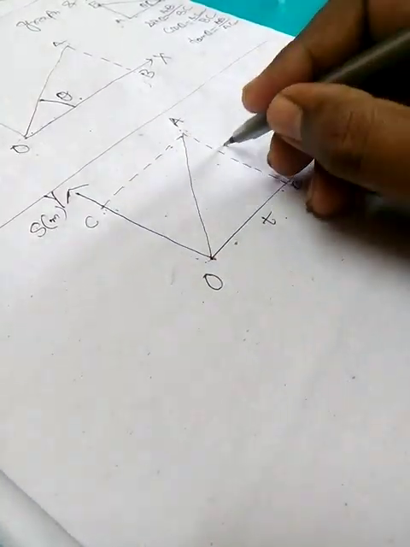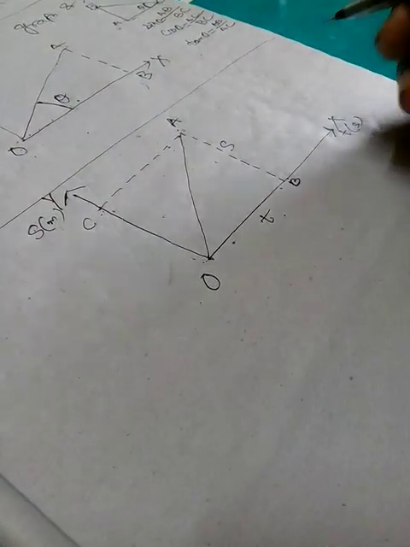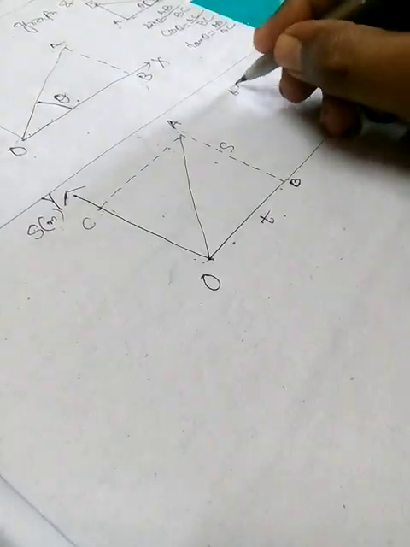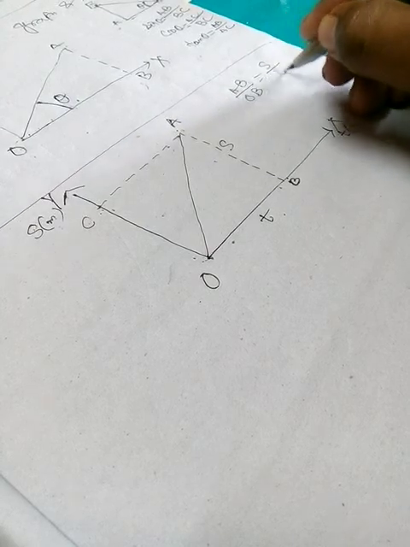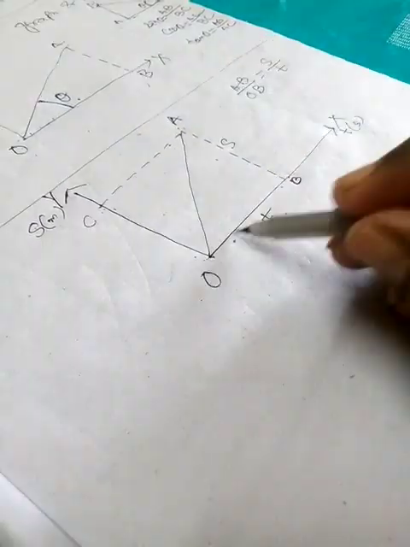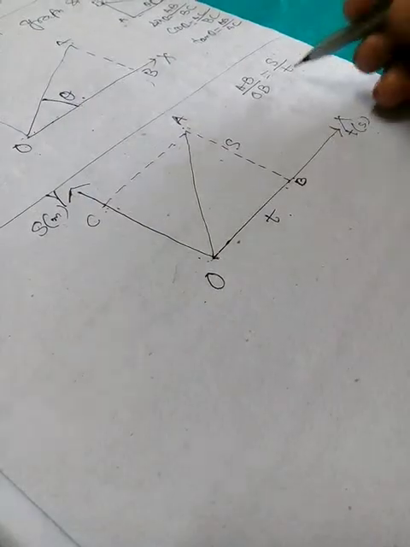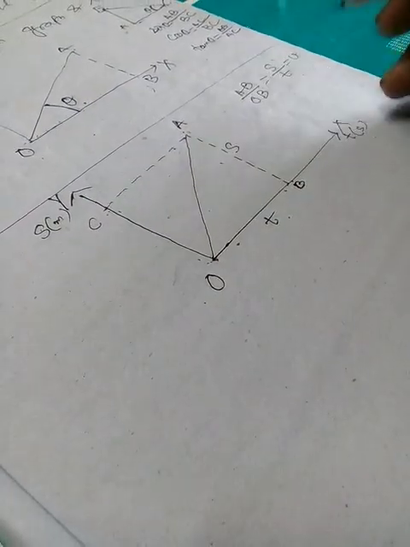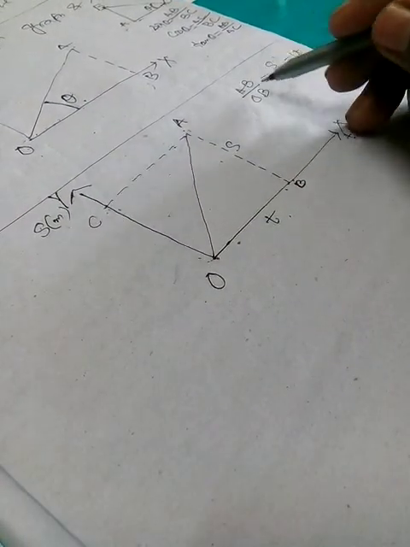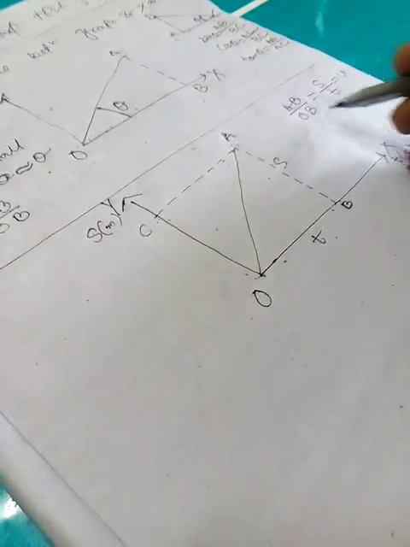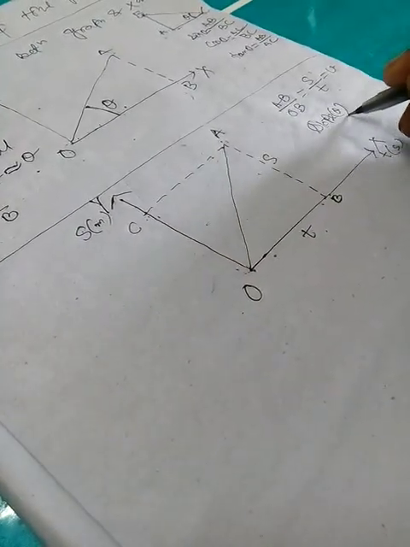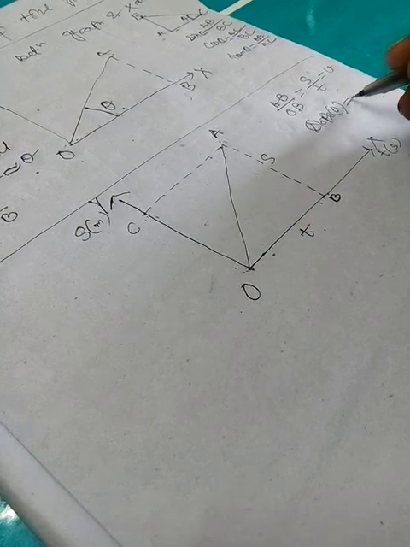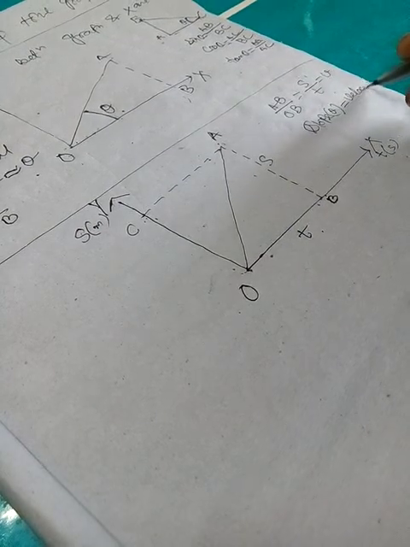It is displacement S. So if I ask you to find AB by OB, it is basically S by T, that is displacement upon time. Displacement by time equals velocity. And AB by OB, as you just learned, is the slope theta. So slope theta equals velocity.